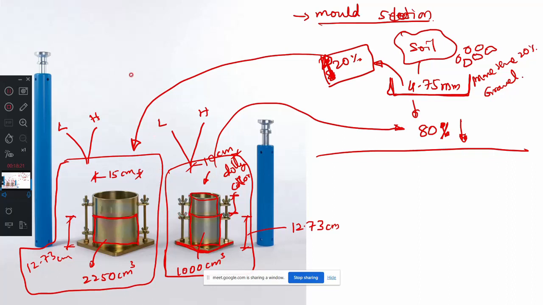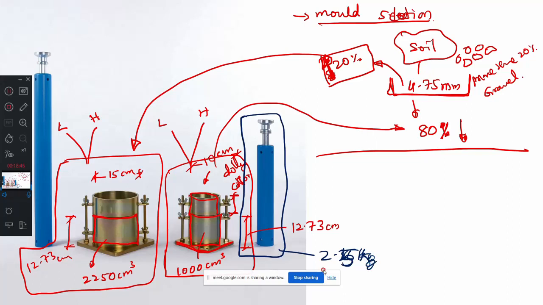Now we have two hammers here. This hammer is a smaller hammer, and its weight is 2.36, you can consider 2.5 kg. You can see one steel rod is inside the hammer.